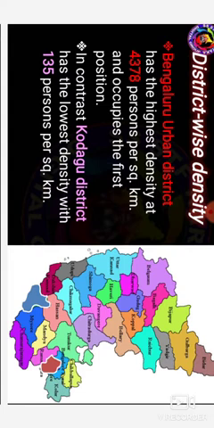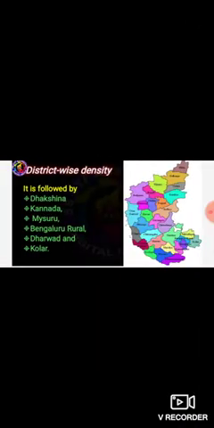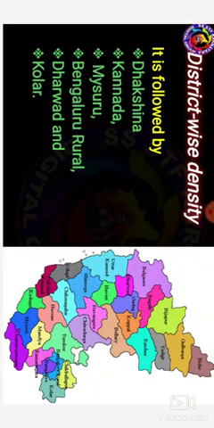And the last one, Kodagu district, has the lowest density, only 135 persons per square kilometer. So Bengaluru Urban has a very high population density, and Kodagu district has the lower density.